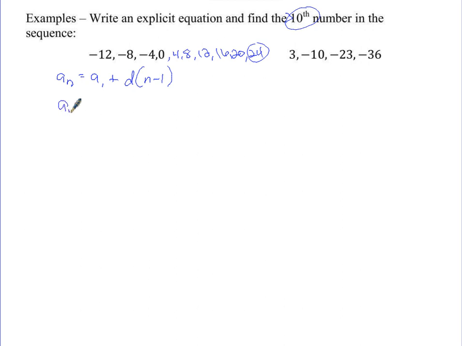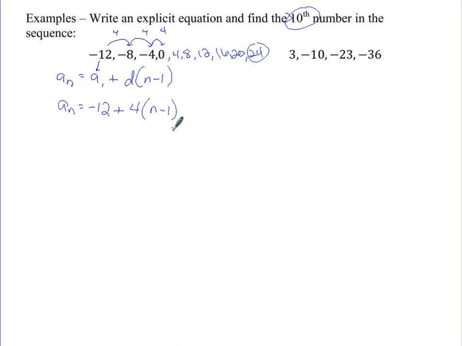A sub n sticks around. What's A sub 1? It's negative 12. The first term in the sequence is right there. So I'm going to write negative 12 and then plus, what's my common difference? 4. We changed by 4 each time. From here to here was 4. From here to here was 4. From here to here was 4. That's the D. So I'm going to write 4 here and then parentheses n minus 1. That's the equation right there.